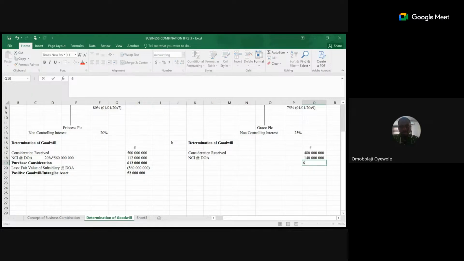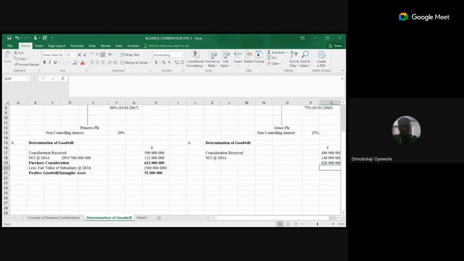Sorry, but 620. When we were doing the previous one, I thought you did the percentage of the subsidiary. This method here is when NCI is at what? Proportionate method.